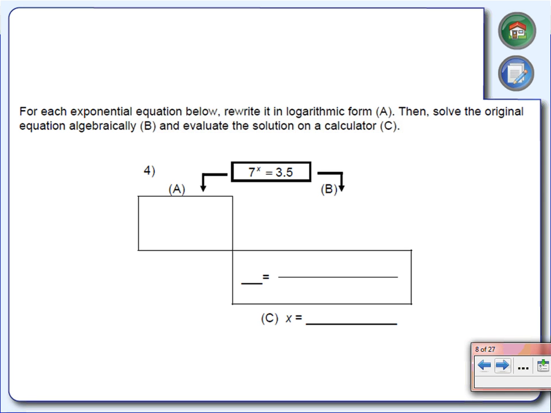And for part C, go ahead and put it in your calculator and see what final answer we get. You guys are pretty quick.